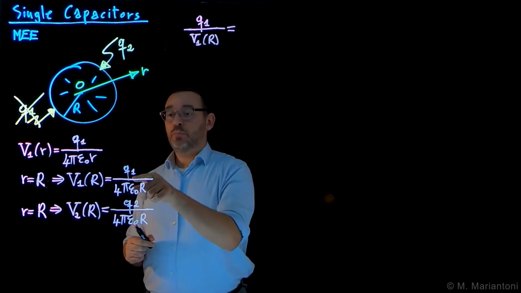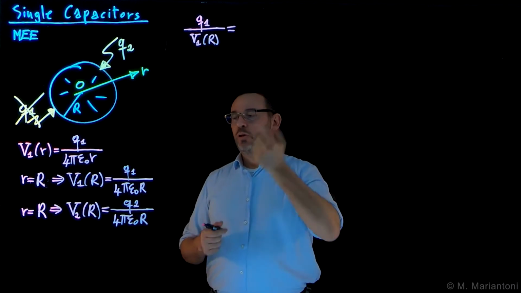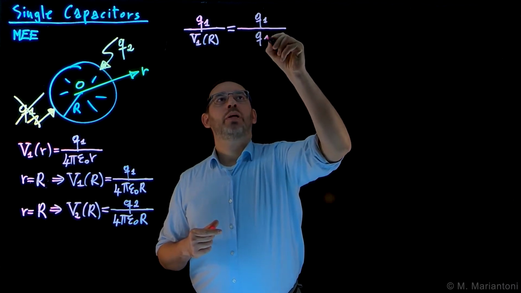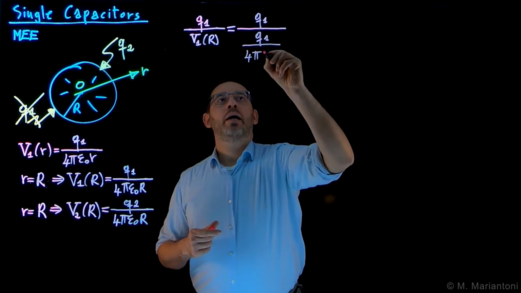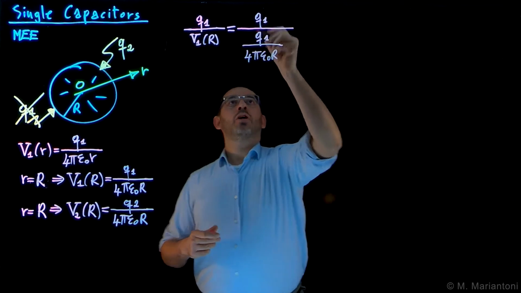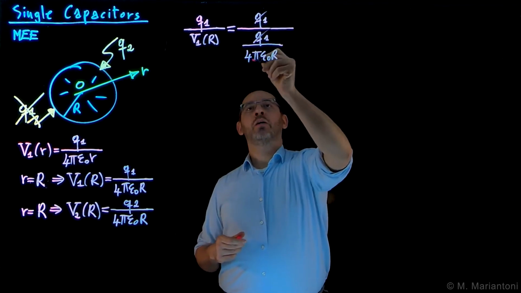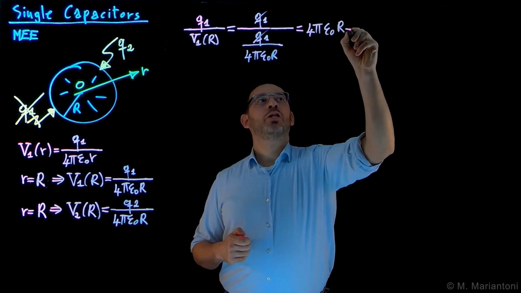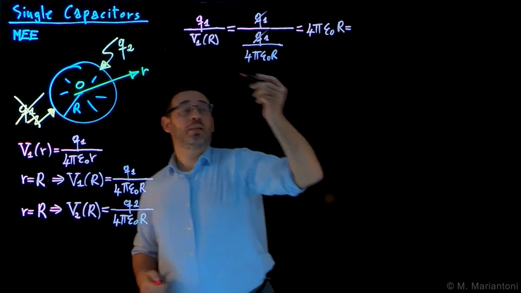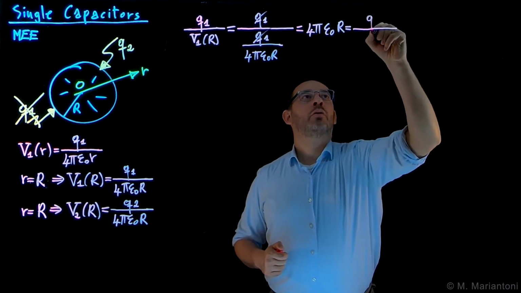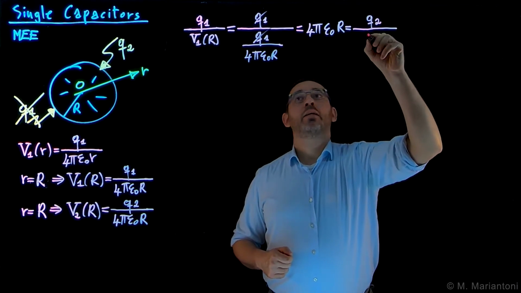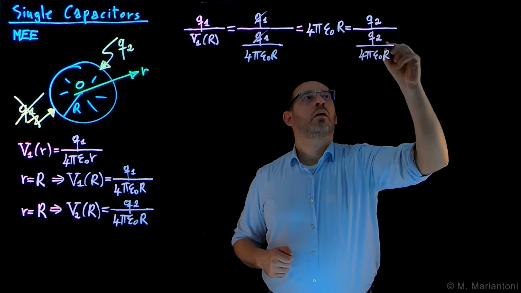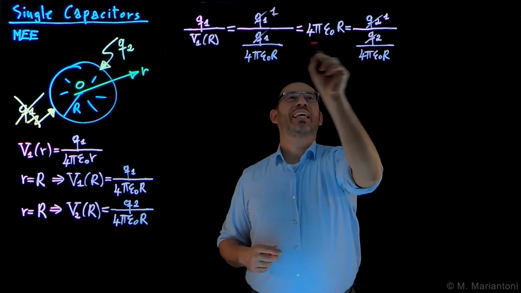It's Q1 divided by the potential, which is Q1 divided by 4 pi epsilon naught capital R. So obviously these two Q1's cancel out, and 1 over 1 over 4 pi epsilon naught R gives me as a result 4 pi epsilon naught capital R, which interestingly enough is exactly the same if I were to do Q2 divided by V2 at capital R. You can show by means of a similar calculation that you get exactly the same result. We get exactly this quantity.